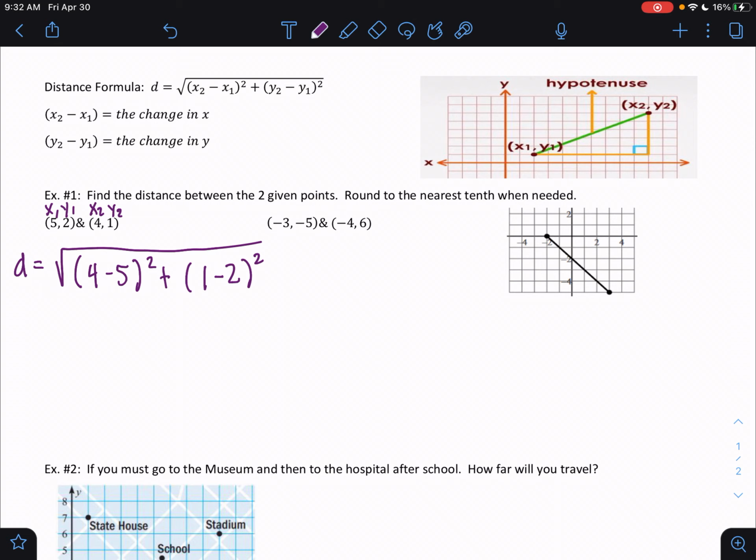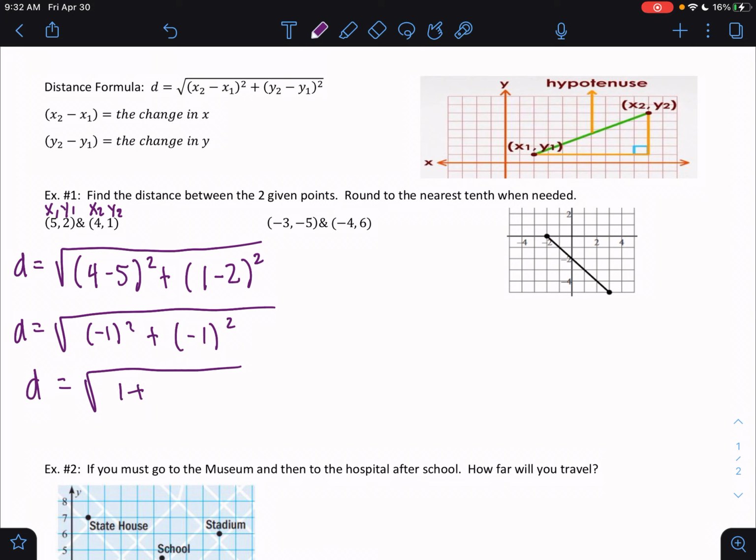So 4 minus 5 is going to be negative 1. So negative 1 squared plus 1 minus 2, which is negative 1 squared. And so we're going to have the square root of 1 plus 1, which is the square root of 2. We can leave it as that or estimate it as 1.4.